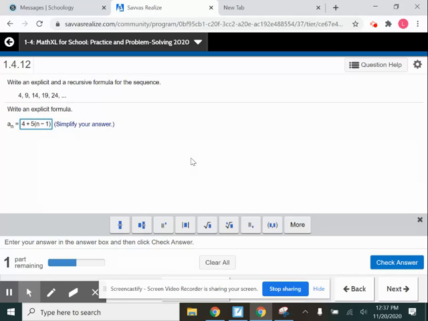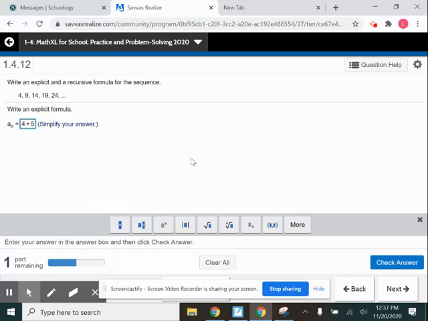I would be okay on a test or quiz if you put your solution like this, but Savas does want you to simplify, which means they want you to distribute that 5 to the n and to the 1 and then combine your like terms. So I don't have anywhere else that I can type this, so I'm actually going to just go back and type over this.